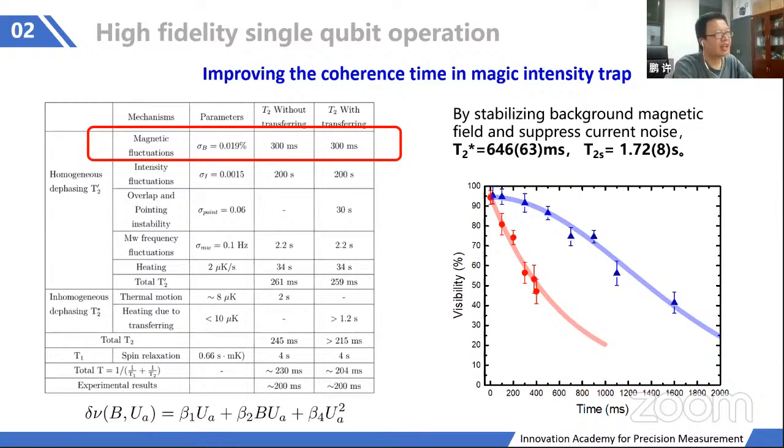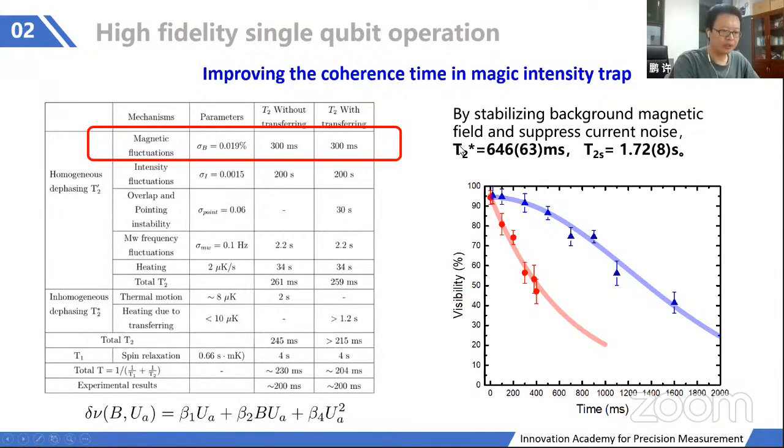We eliminate anything, even the power source, and even some very tiny things, to try our best to suppress the background magnetic fluctuation.